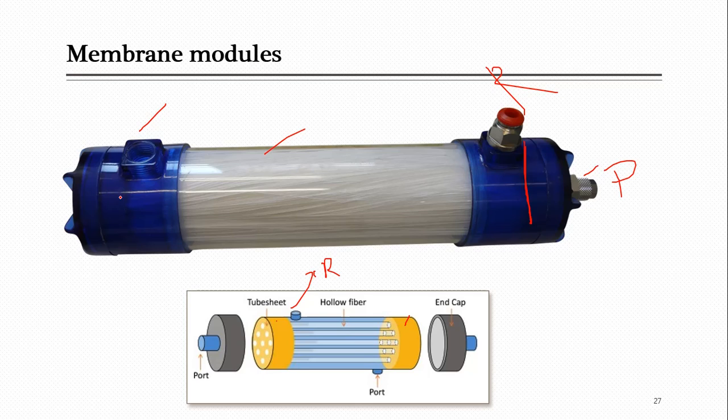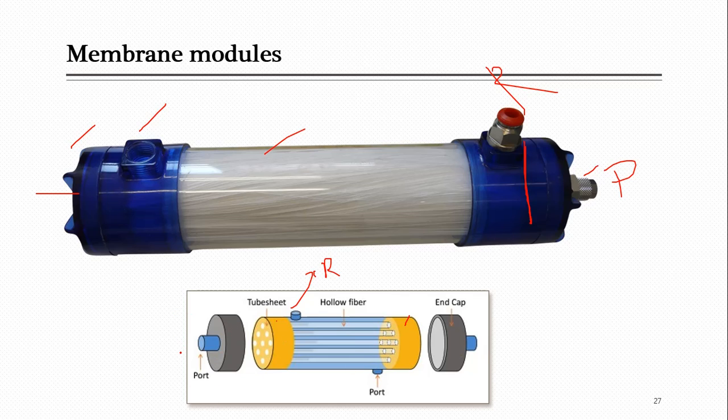On this end they are definitely stopped. They don't have any opening on this end, they are closed. So anything which penetrates into these fibers will be collected on the other end. On this end nothing will happen. But in this kind of module, you can collect product from both ends, or maybe you can stop one end and collect on the other end.